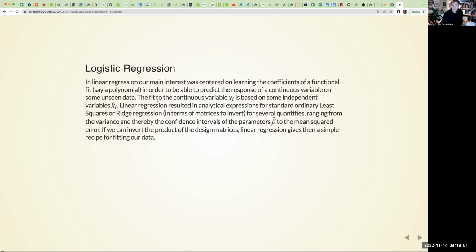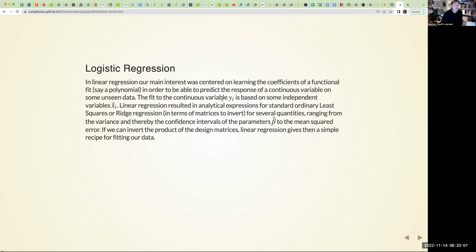When we looked at linear regression, we assumed a continuous variable, and we assumed that there was a continuous function which described it, which means that this function in principle could take values from -infinity to +infinity.